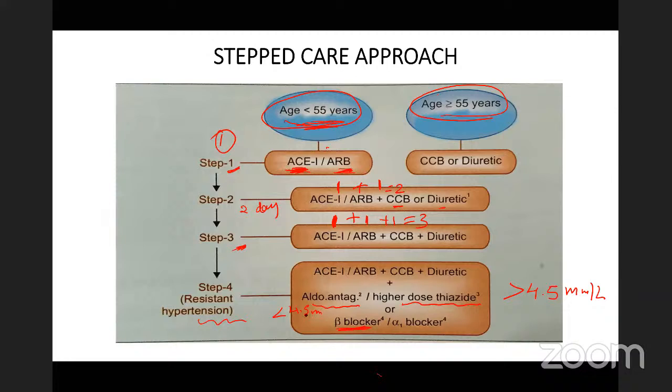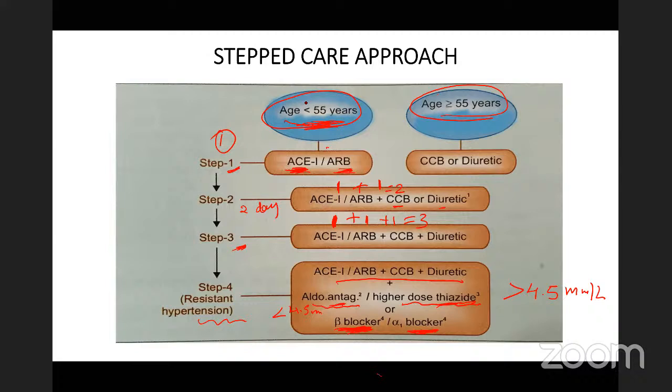Preferably we can add carvedilol or nebivolol, because nebivolol has a nitric oxide releasing property, and carvedilol has a cardioprotective effect. You choose nebivolol or carvedilol among beta blockers, and we can go for alpha blockers. Along with these 3 drugs, we add the aldosterone receptor antagonist, spironolactone, or a higher dose of thiazide, and you can add the beta blockers or the alpha blockers. That is in patients less than 55 years of age.